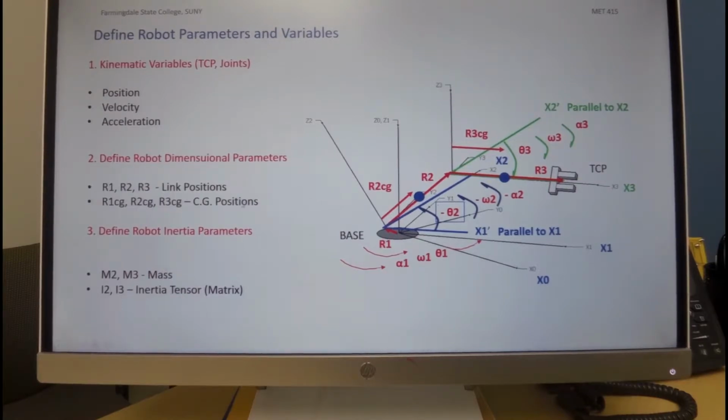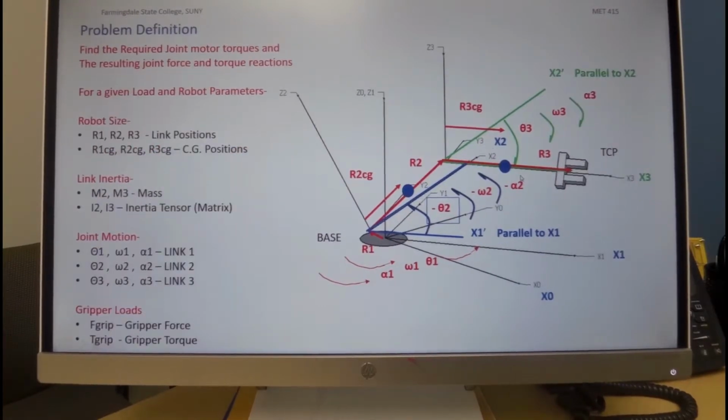We also have, in a similar way, the definition of the positions of the centers of gravity. Finally, we need the inertial parameters of the system, such as the mass of link 3 and mass of link 2, and the inertia of link 2 and inertia of link 3. So these are the parameters, and let's take a look at the problem definition.